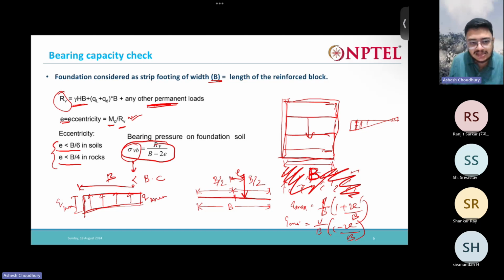So if this e is actually greater than B by 6, then Q min is negative. You will have some negative tensile forces due to which the contact between the foundation and the soil will be lost. That is the reason.